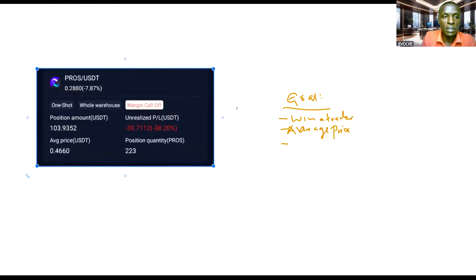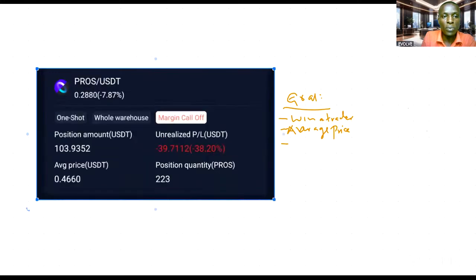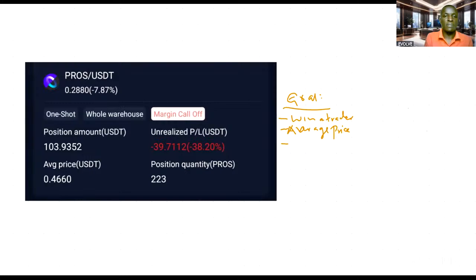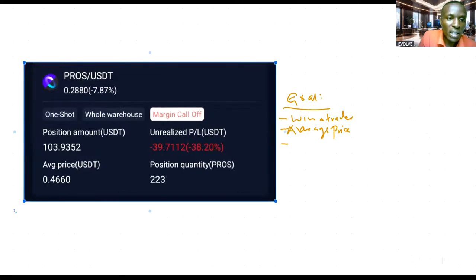Okay, so when you tap on strategy on your Royalq, after you open it, you are going to see this. And I mentioned that this is the interpretation of this page.